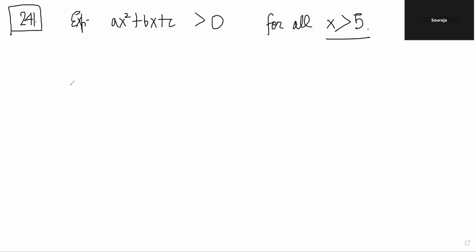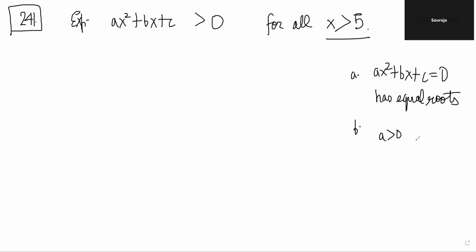Now we have some options. First option is the equation ax square plus bx plus c equal to 0 has equal roots. Second option is a is greater than 0 and b is less than 0.